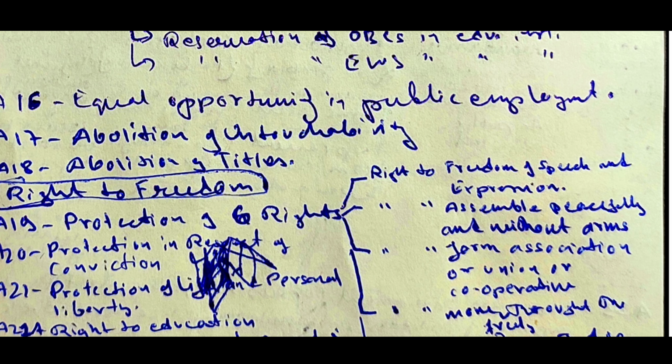Followed by Article 16, which provides equal opportunity in public employment, and Articles 17 and 18, abolition of untouchability and abolition of titles respectively.